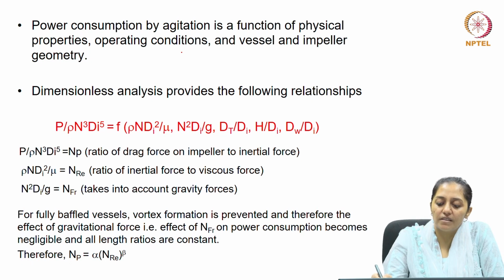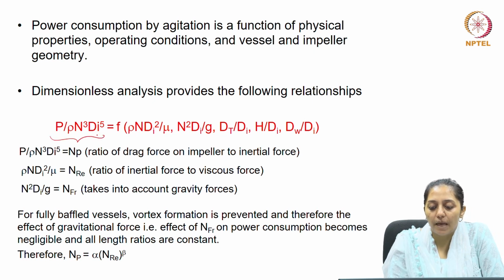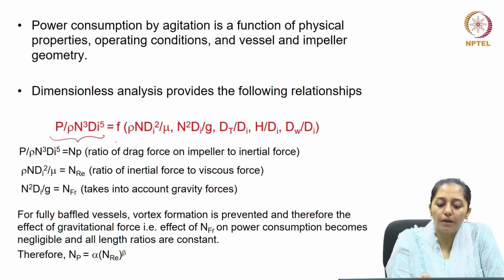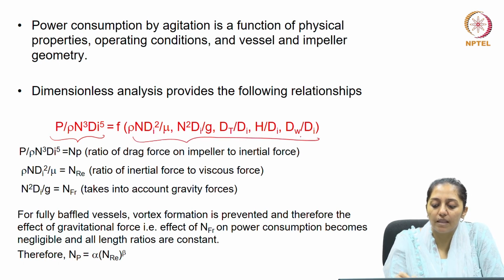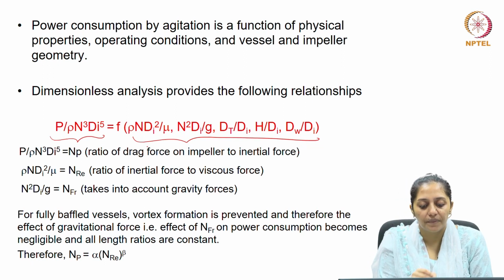If you see one such relationship, it shows here that the power consumed by the impeller, which is given here by the dimensionless number called the power number, is found to be a function of other dimensionless numbers, which are in turn a function of various reactor and vessel geometry and the fermentation parameters.